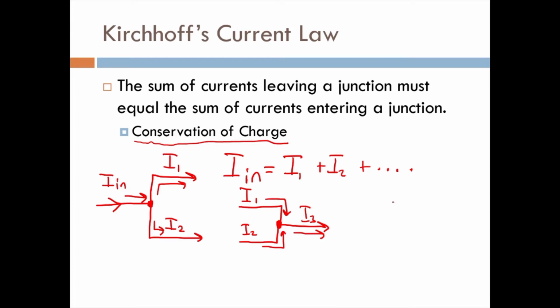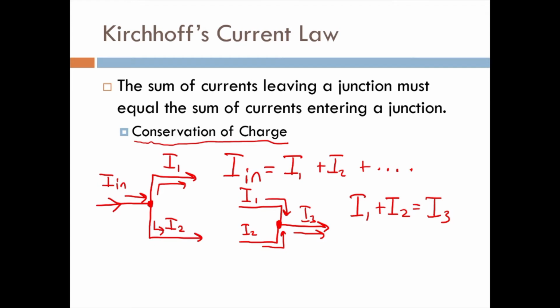So in a situation like this, you can say again, the current flowing into the junction must equal the current flowing out of the junction. And this, in combination with Ohm's law and Kirchhoff's voltage rule, will allow us to calculate a lot of things about circuits, especially more complicated circuits.